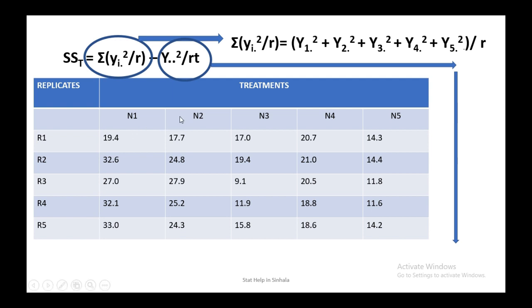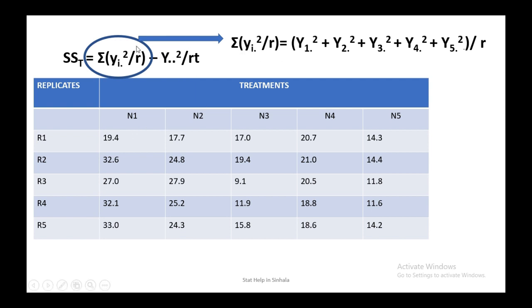You can see this first part can be calculated by getting the summation of y1 dot square plus y2 dot square plus y3 dot square plus y4 dot square plus y5 dot square, and the result should be divided by r. R means number of replicates. In here, there are 5 replicates, 1, 2, 3, 4, 5. So, the result should be divided by 5.